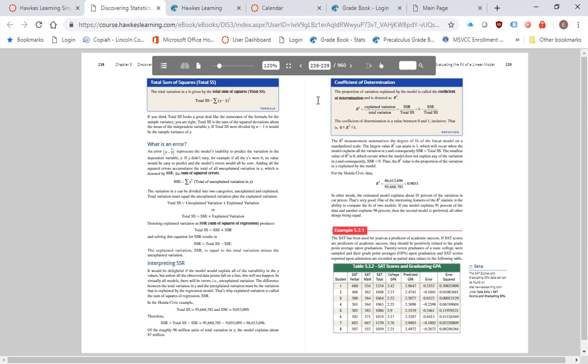Since it's r squared, it's not going to be negative. It's going to be positive, and it's always going to be between 0 and 1. So that's not the exact same as the correlation coefficient. That's called the coefficient of determination.